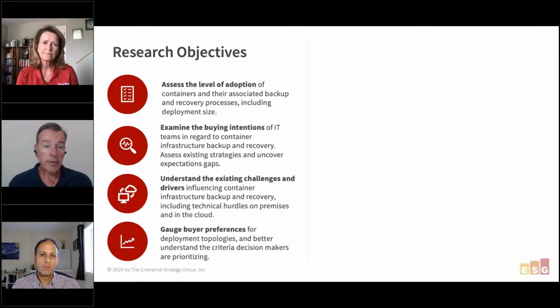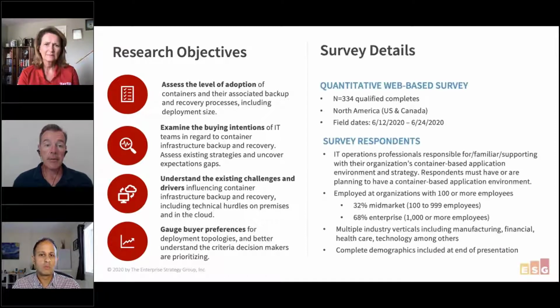Yes, absolutely, Caroline. So as you can see, what we wanted to do as a research firm is to really understand not only the sentiment on data protection about containers, but really understand what the market is, what are people doing or not doing. And we also evaluated the methodologies or the understanding of some of the methodologies that are being used. All of the respondents, as you can see on the right-hand side, are essentially IT professionals. So we have a pretty large sample.